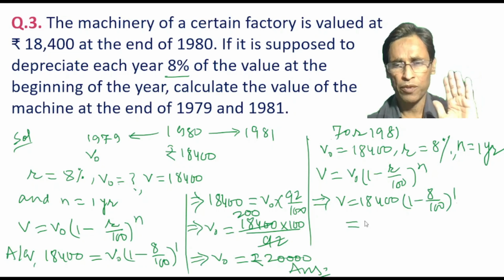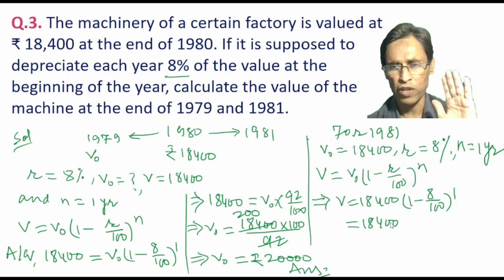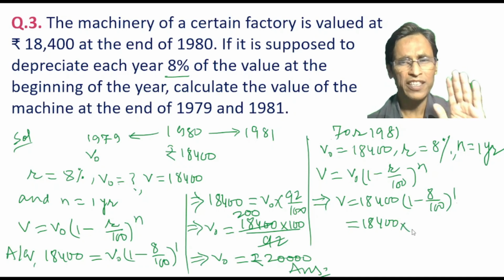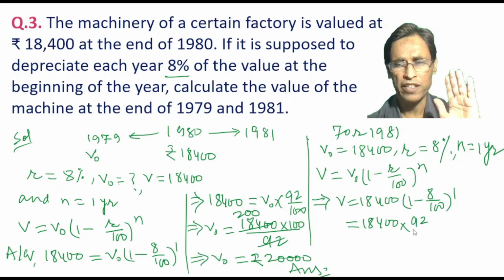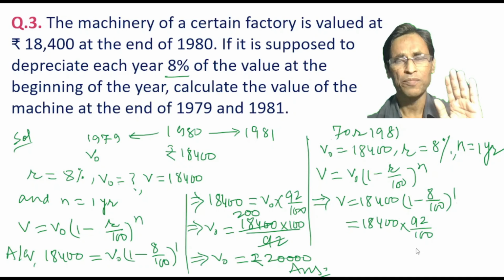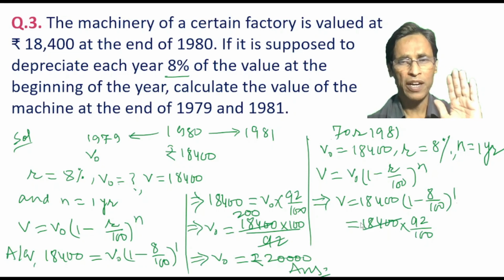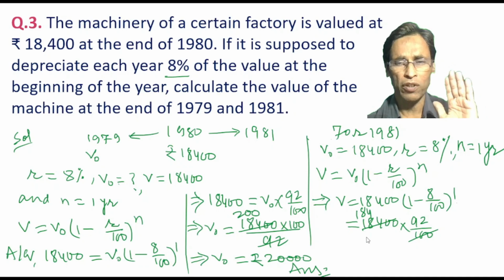In the next step, we have 18,400 into 1 minus 8 by 100, which is 92 by 100. Clearly 18,400 is divisible by 100 in 184 times, and so 184.